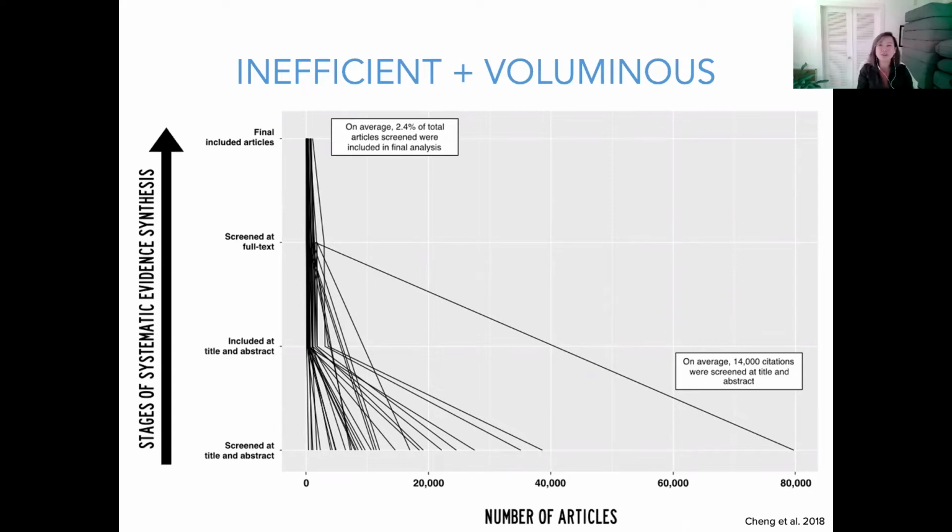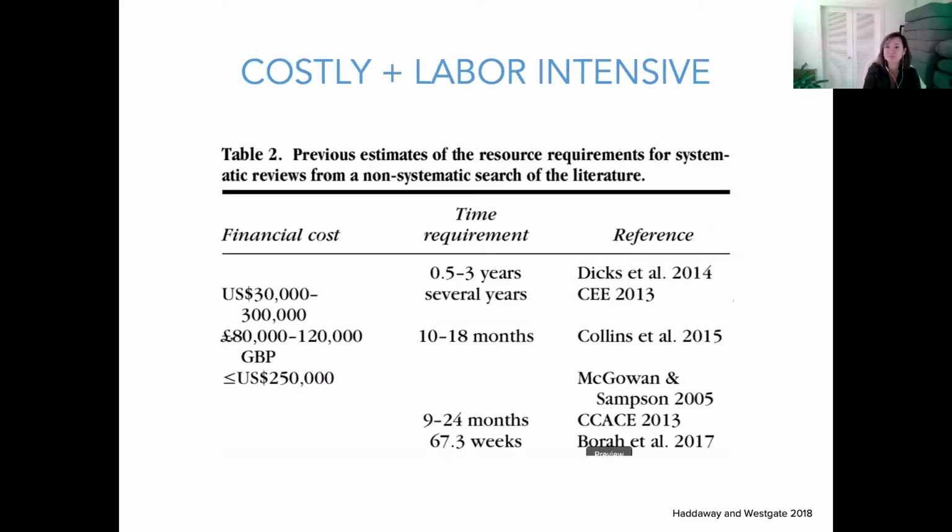And so, while these papers were excluded because they were irrelevant or they didn't match the study quality requirements, researchers are still combing through this really large pile of potentially irrelevant information. And what that comes with is this really labor-intensive process, which raises a significant resource challenge to ensure that the reviews are properly staffed.